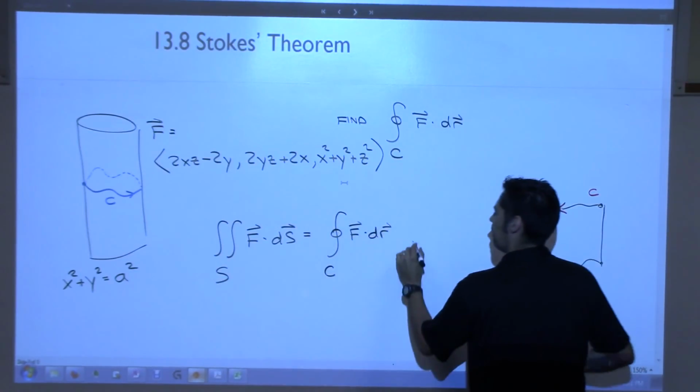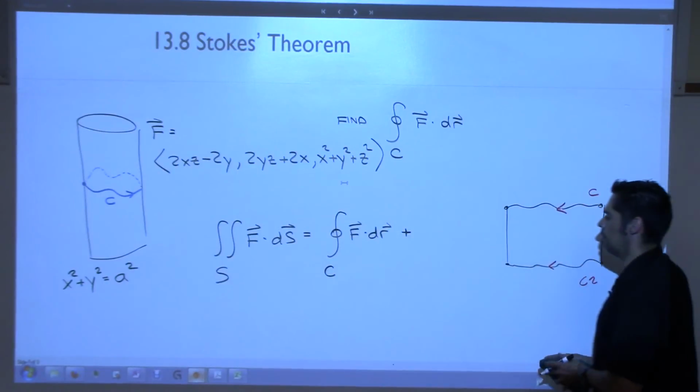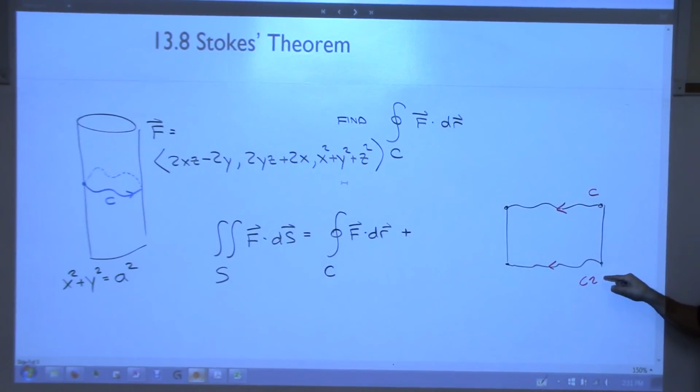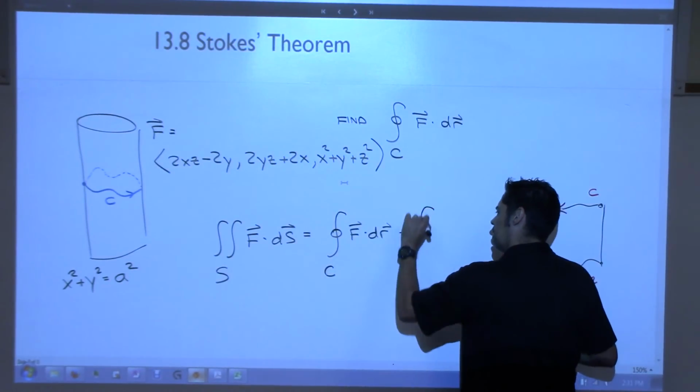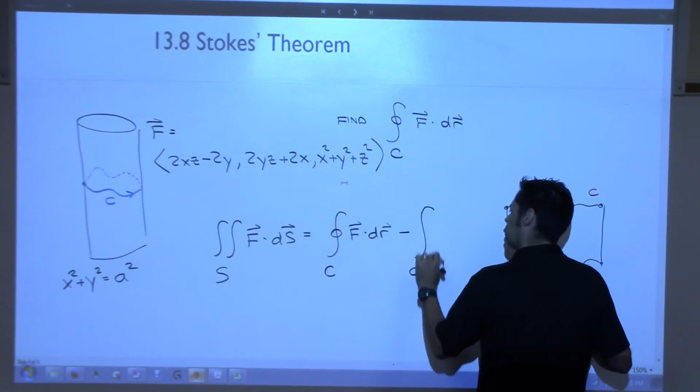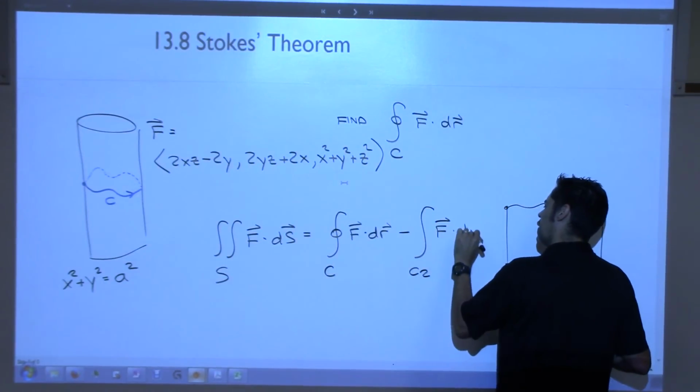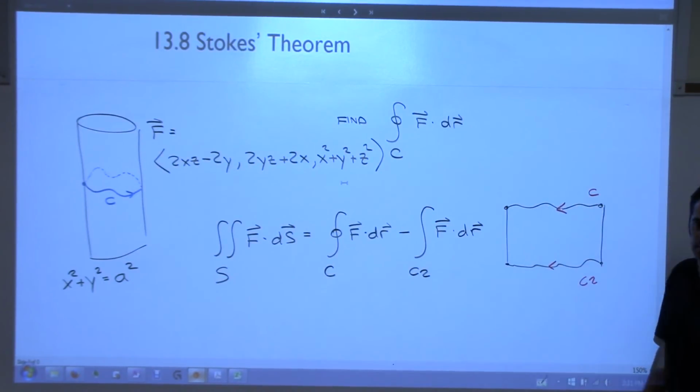Plus this one, but the orientation needs to be backwards, which means if I reverse the direction, I subtract, don't I? So how about instead I write minus this over C2 f dot dr. Are you all with me?